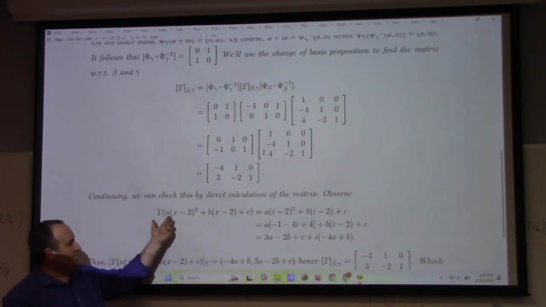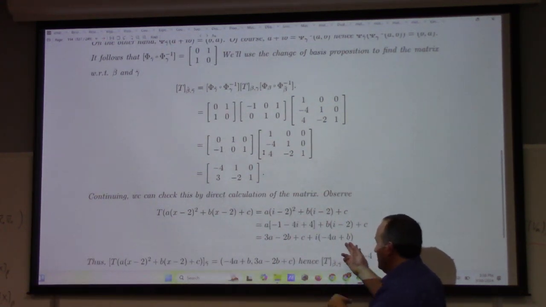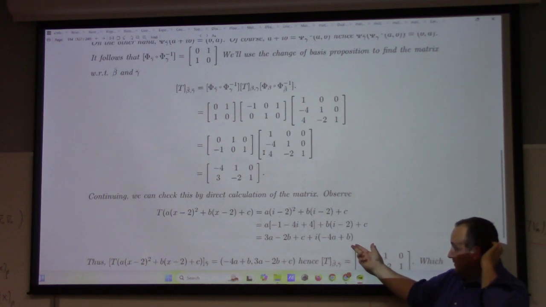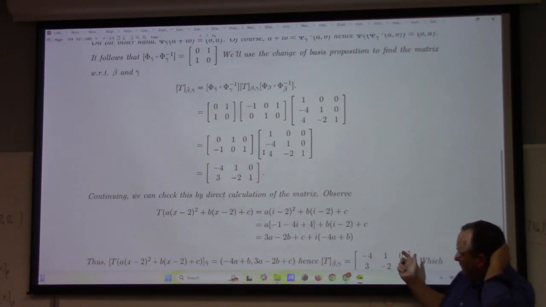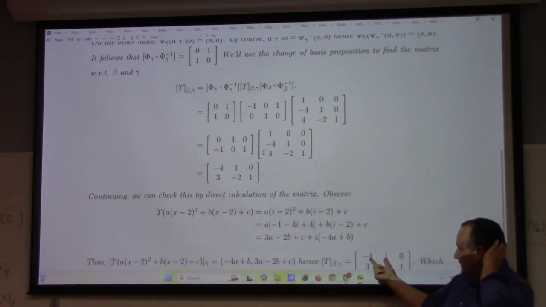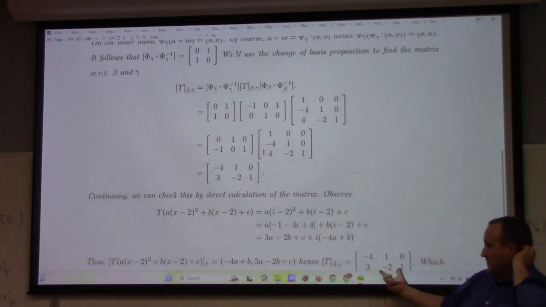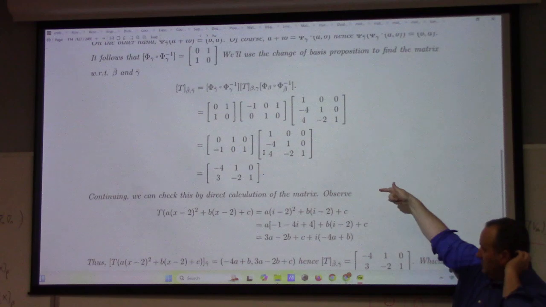You plug in I, you get this. Multiplying it out gives me that. Remember that in the gamma bar basis, I comes first. So that puts this up here, and that puts this down here. So that's the matrix, and that is the matrix.